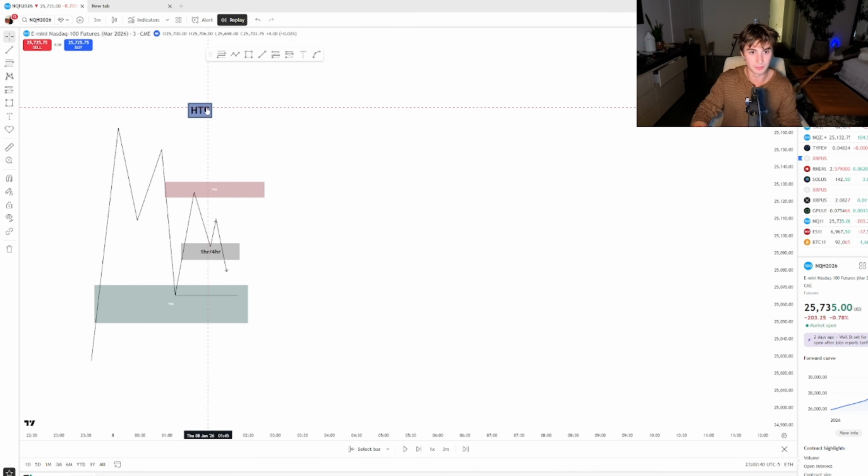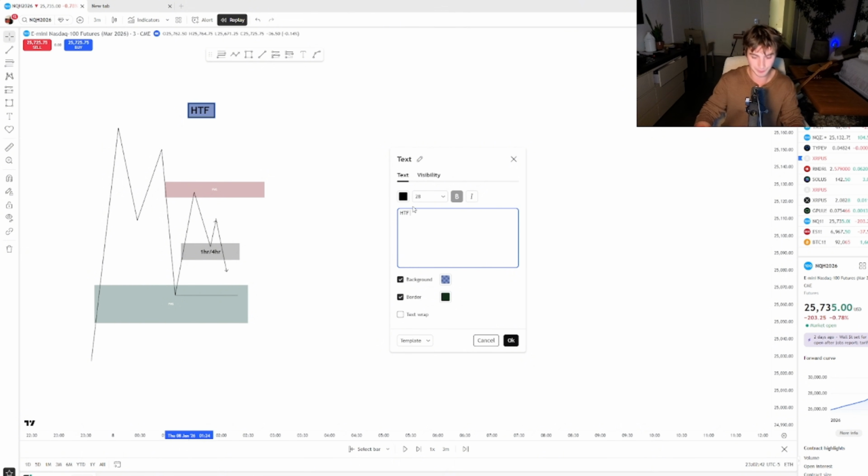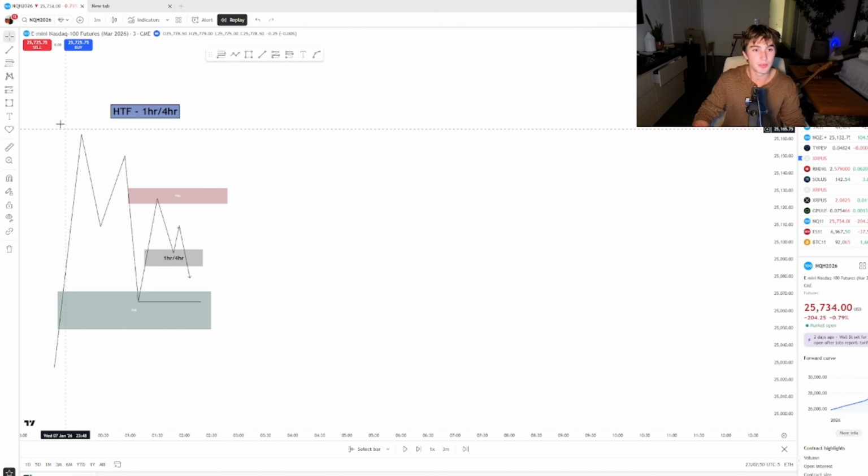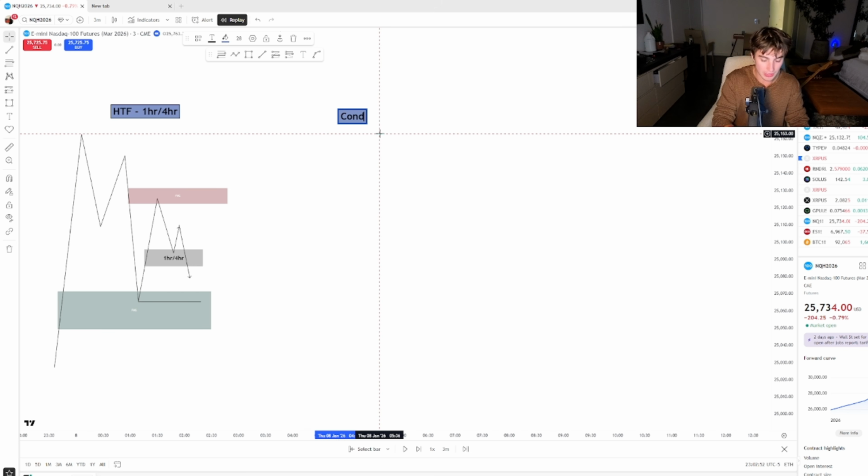Now, the higher time frame is going to be the 1 hour / 4 hour for me, right? Next, there's going to be the conditions time frame, which I'm going to have a completely dedicated video to. This is the conditions time frame, and this is going to be the 5 through 15 minute. Well, more so 5/15 minute, because I'm not looking at the 6, 7, 8, 9, 10 or any of that.